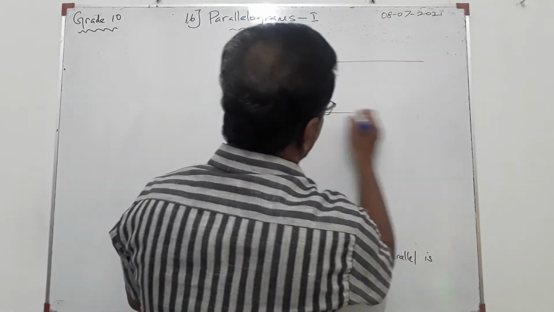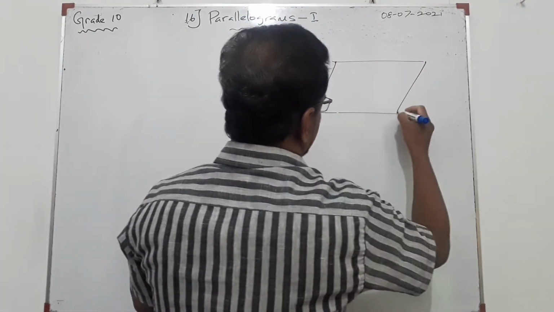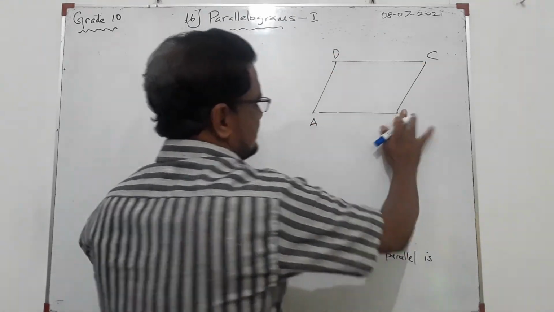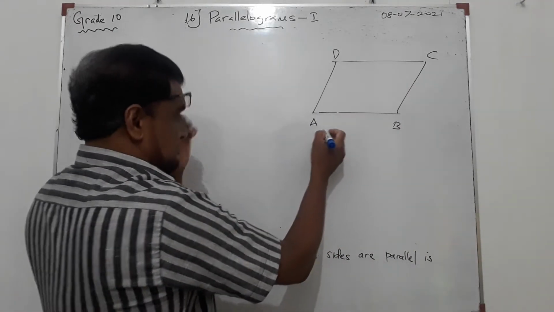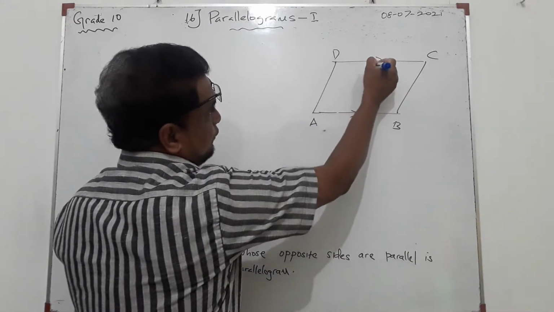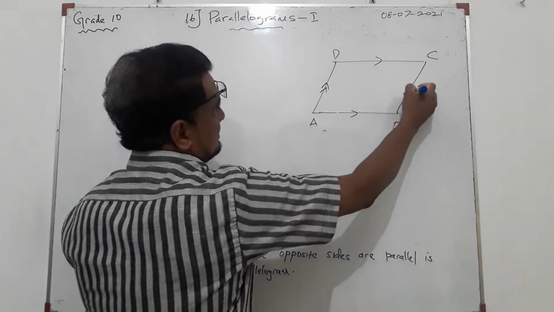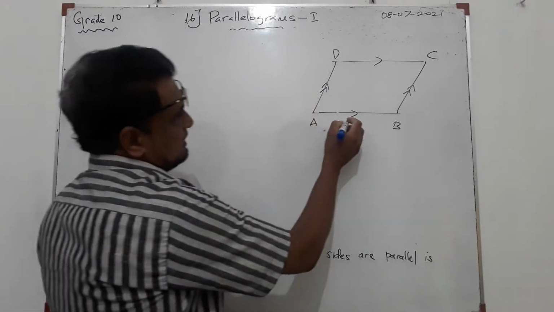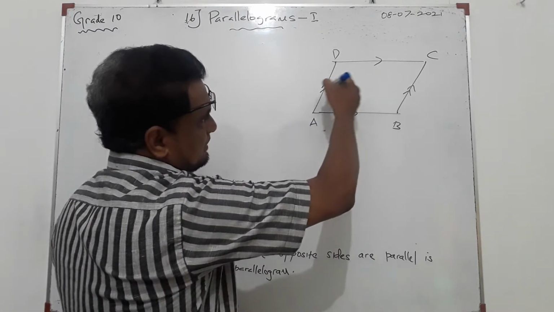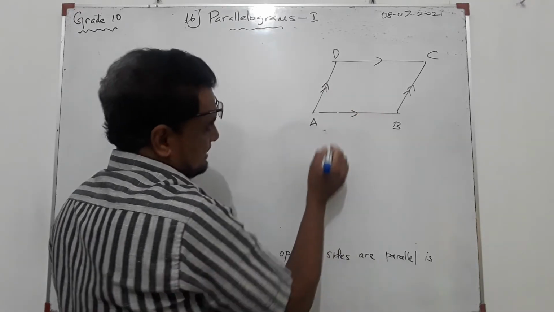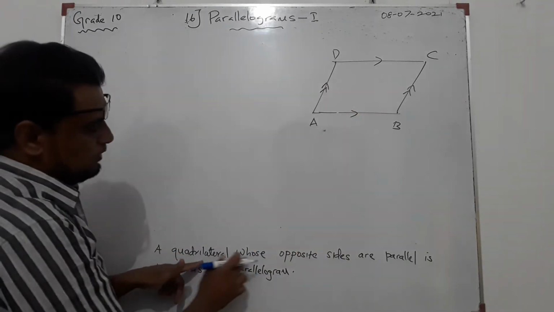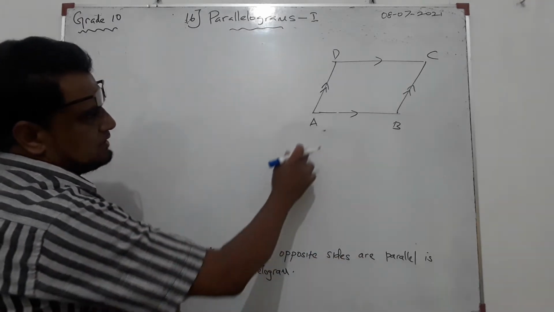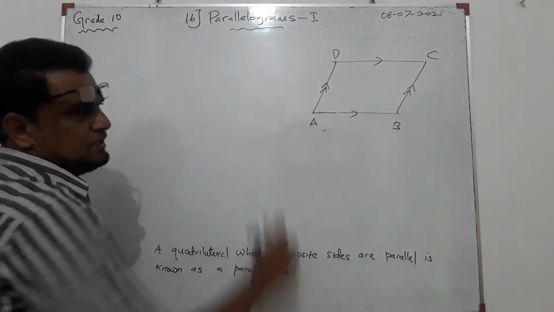You can draw parallel lines and name it ABCD. In order to show the parallel lines, you can put arrow marks, right? Arrow marks are used to denote parallel lines. According to this definition, a quadrilateral whose opposite sides are parallel is known as a parallelogram. So this is the parallelogram, right? Draw this picture now.